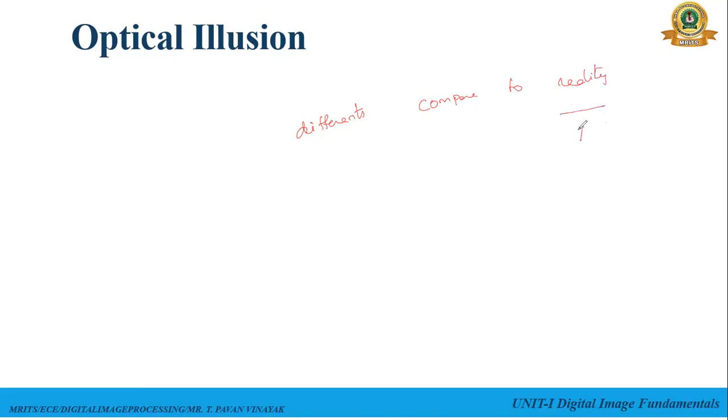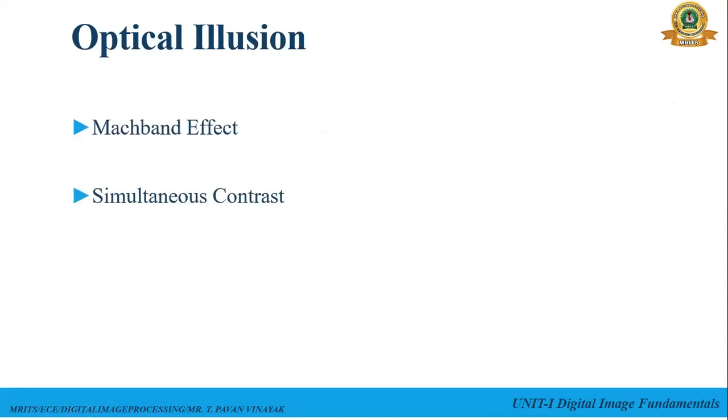In reality, the image description is one thing, but for the human eye, it looks different. So optical illusions are classified into two types: Mach band effect and simultaneous contrast.